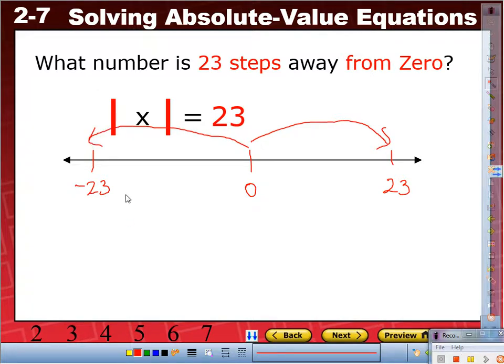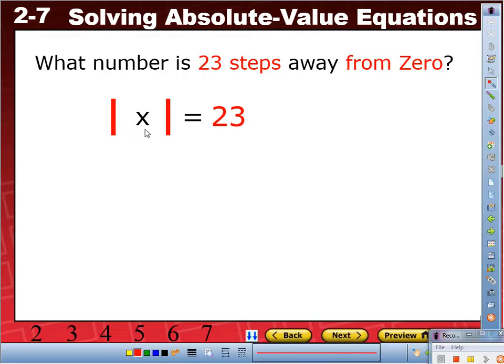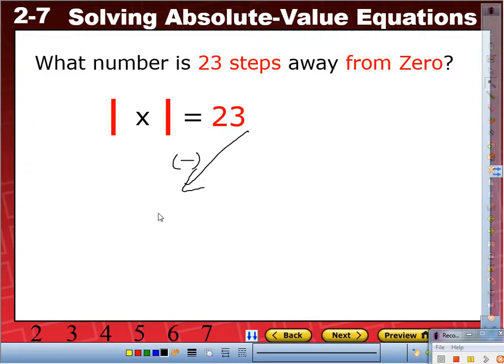So check this out. How else can we write this? If they were to ask, what number is 23 steps away from 0, we write it like this. One has to be a negative, is that correct? Negative 23. What's inside the absolute value?